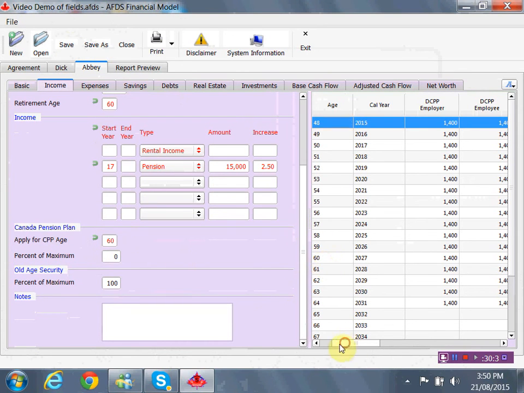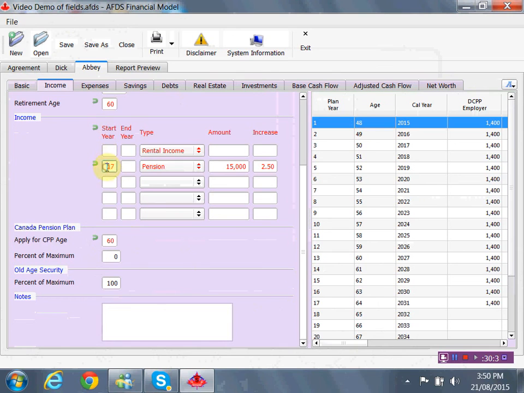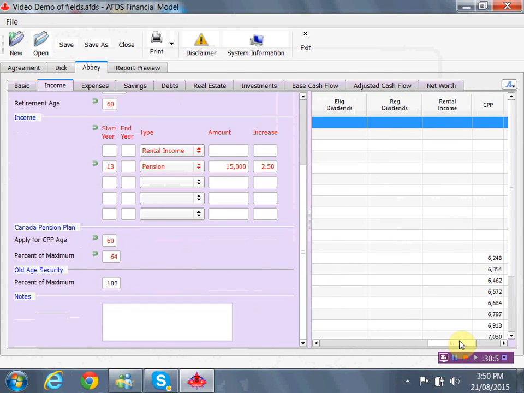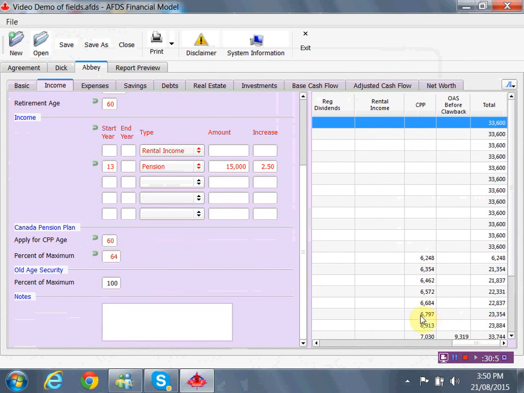So 60 would be, and so in her case, perhaps she's going to have done okay with that, but she's only going to get 64% of her CPP. That's her pension starting out, but then there's her CPP, not too flashy. And again, as long as you're a Canadian citizen for the whole time, you're going to be able to put 100% in here.